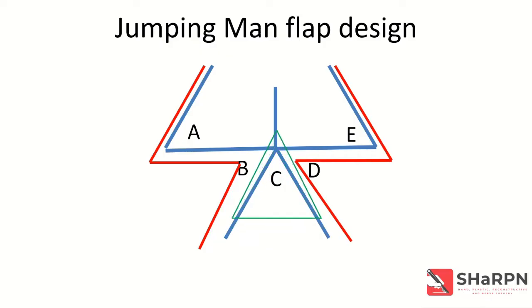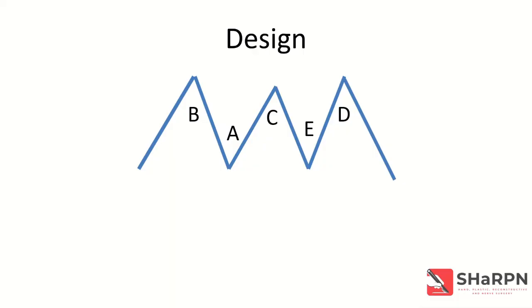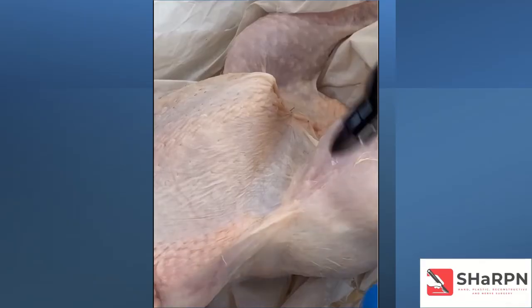And then your C flap is a V to Y advancement. A Y to V advancement. You end up with a B, A, C, E, D configuration. And essentially what's happened is A and B have swapped as the first Z-plasty, D and E have swapped as the second Z-plasty, and C has advanced in. And I'll demonstrate this in a more practical scenario on the chicken groin crease.